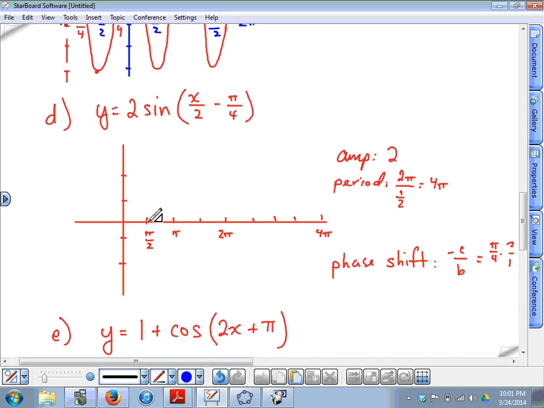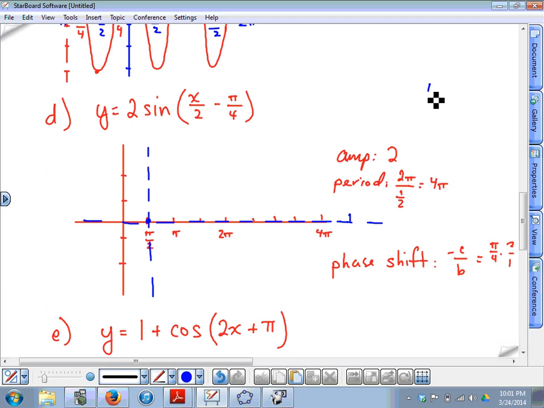So, since it's a static transformation, I'm going to move the origin. And now, since the period is 4 pi, if we started from the original origin and went over a distance of 4 pi, then the cycle would end at 4 pi, but we have to shift over by a factor of pi halves.